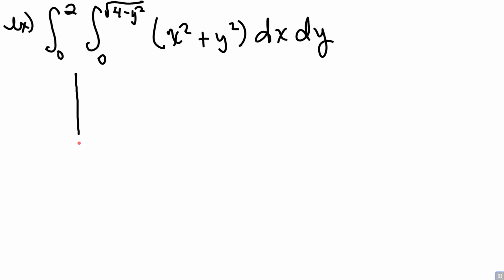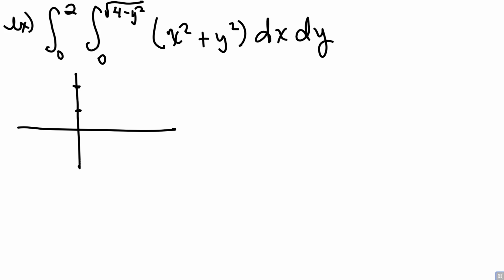So if I take a look at the graph of this, the numbers from 0 to 2 are going to represent what values? The y values. Yes. So we're going to start on y at 0, then 1, then 2.